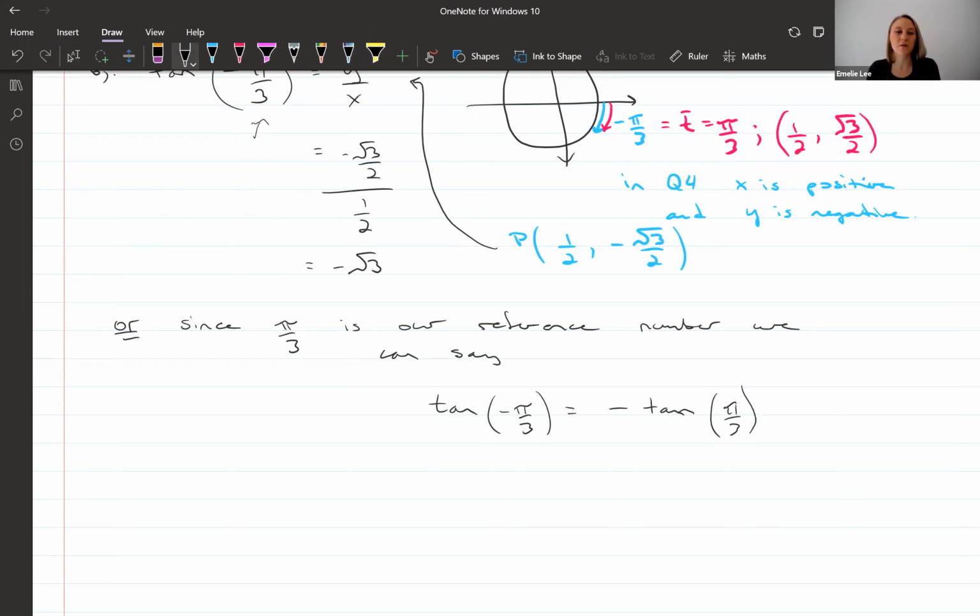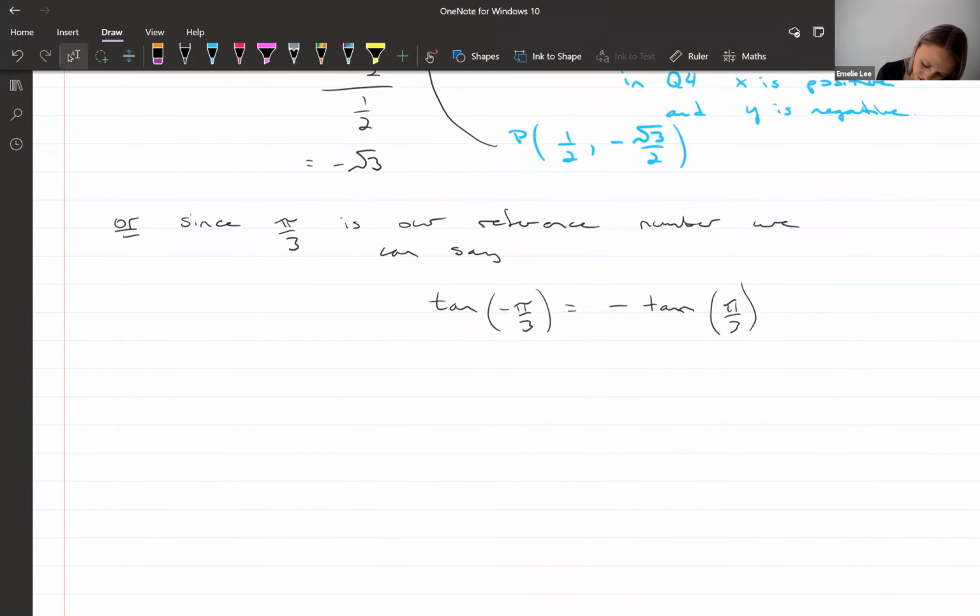The tan of pi over 3 is still going to be root 3, but then the negative on top of that, because we're in Q4.